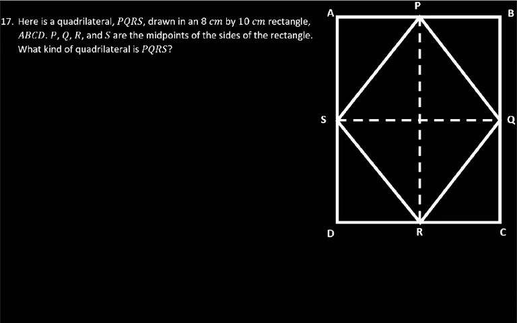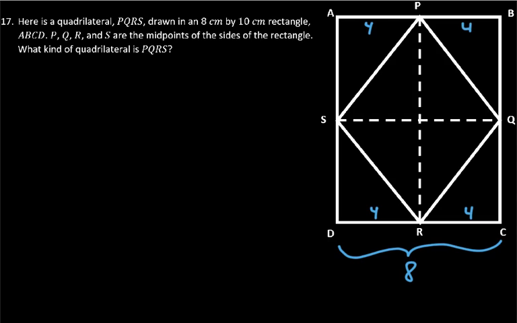Well, one thing we know is that since each midpoint must bisect the side, this has to be length 8, assuming that it's drawn to scale, and that's the shorter side. That will make this 4 and 4.